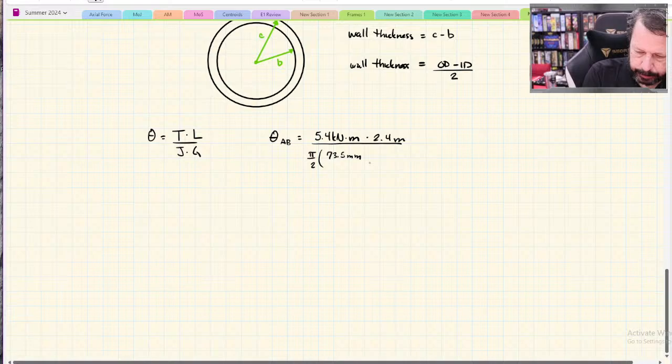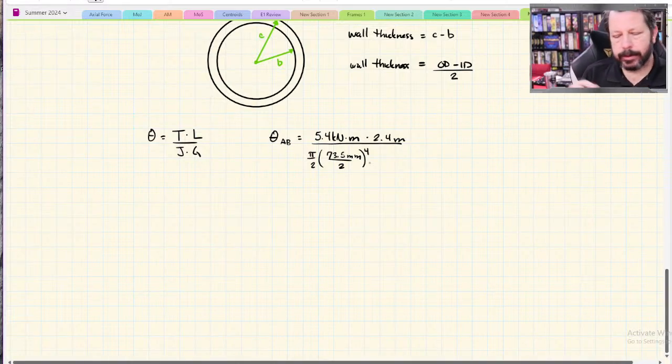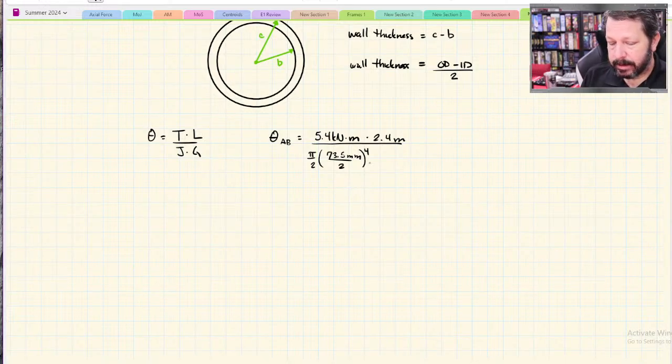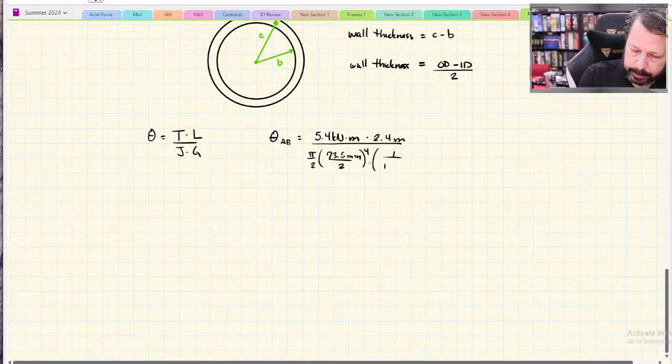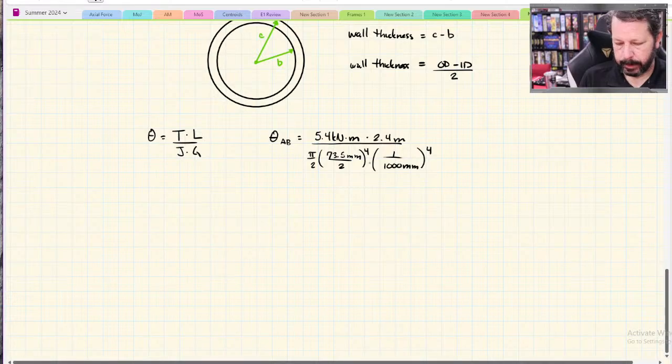That's millimeters, though. So I do need to be sure that I'm working with the same types of units. I have meters in the numerator, millimeters to the fourth in the denominator, so I'm going to convert them all to meters. We'll do meters. So that means that I need to take this conversion factor.